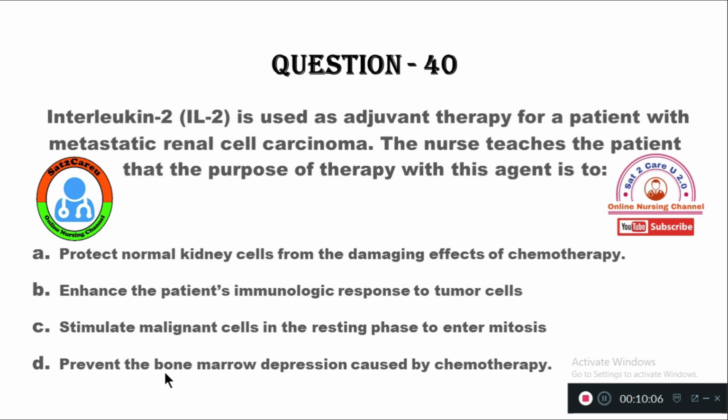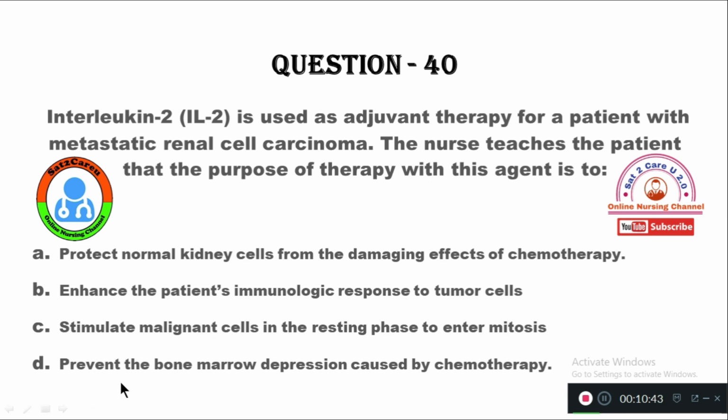Question number 40. Interleukin 2, that is IL-2, is used as an adjuvant therapy for patients with metastatic renal cell carcinoma. The nurse teaches the patient that the purpose of therapy with this agent is to: Option A, protect normal kidney cells from the damaging effects of chemotherapy. Option B, enhance the patient's immunologic response to tumor cells. Option C, stimulate malignant cells in the resting phase to enter mitosis.